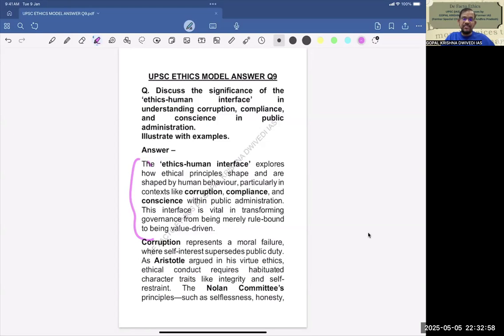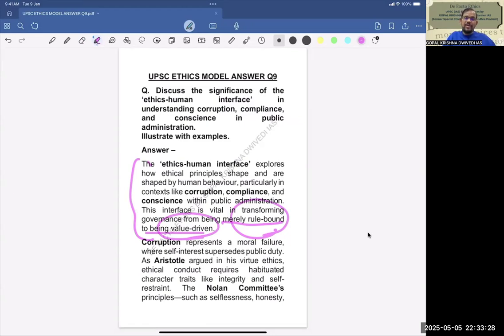This interface is vital in transforming governance from being merely rule bound to being value driven. This is important: legal is rule bound, but once you add ethics and morality, it becomes value driven.